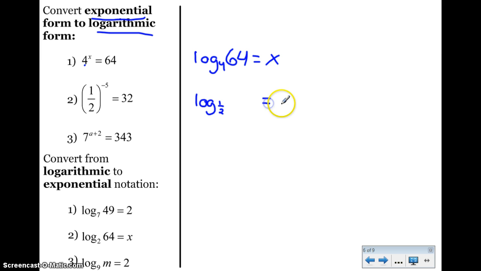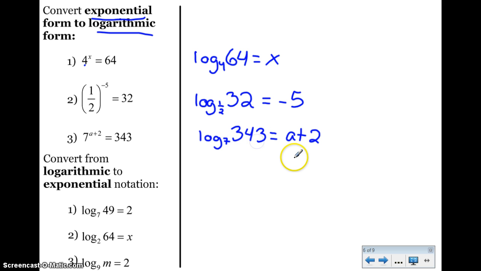The -5 goes to the other side, and then 32 is my argument. Log base 7, and the a plus 2 goes to the other side, and 343 is my argument.